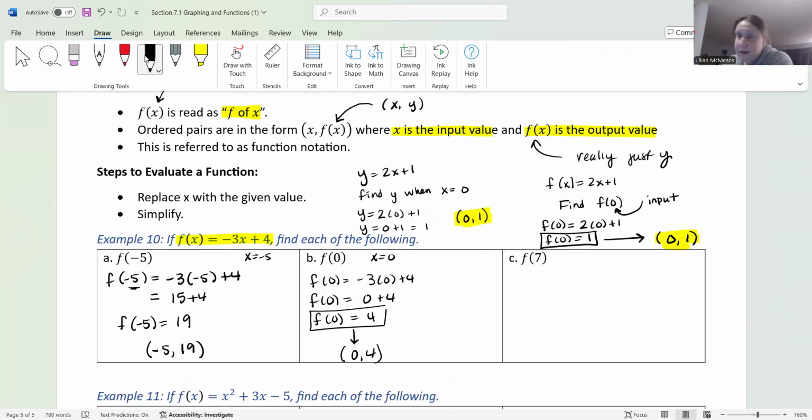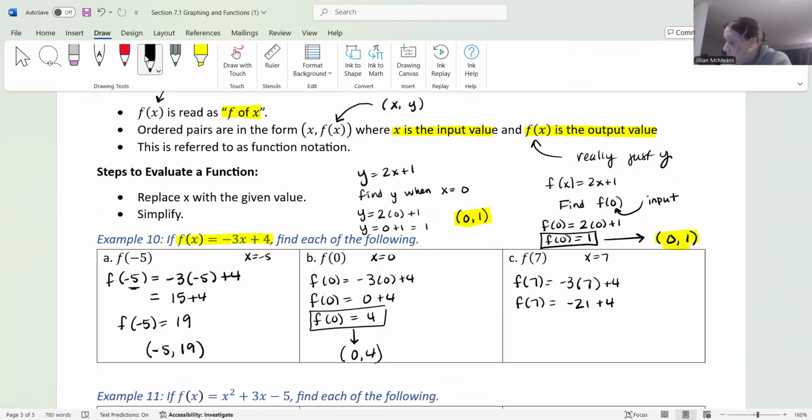All right. Finally, f of 7. So we're going to evaluate the same function when x is 7. So we get f of 7 equals negative 3x, but x is now 7, plus 4. So f of 7 equals, well, following the order of operations, we want to take care of negative 3 times 7, which would be negative 21, plus 4.